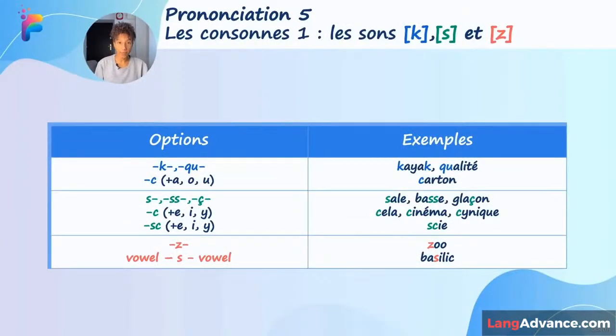Prononciation, cinquième partie. Pronunciation part 5. Les consonnes, consonants. We'll start with le son K, S, and Z. Le son K. You can see that we have 3 different spellings, and if you have a look at the last one, C. When you come across a combination of C and A, C and O, C and U, then we pronounce them as follows.